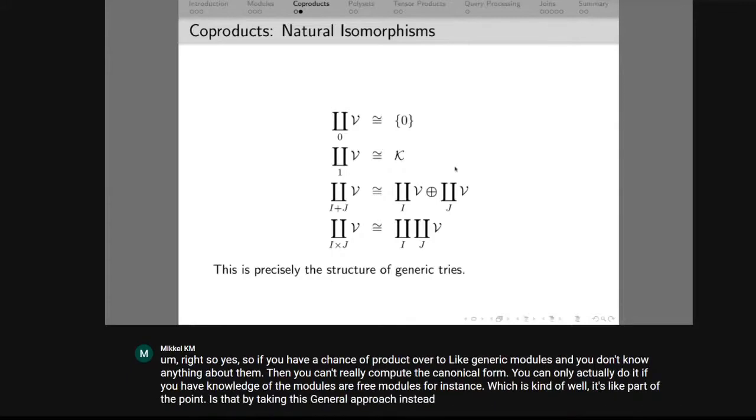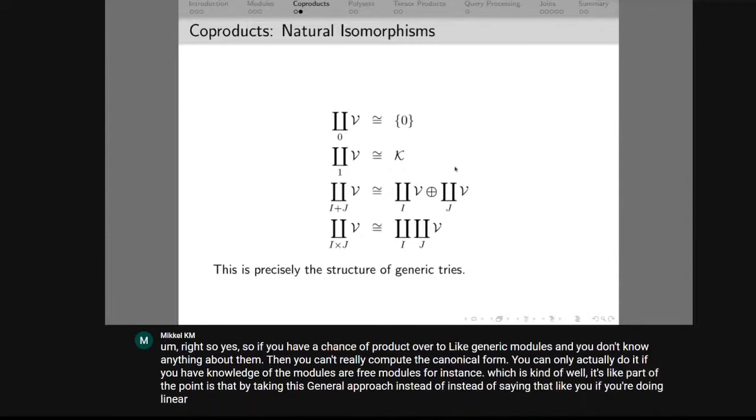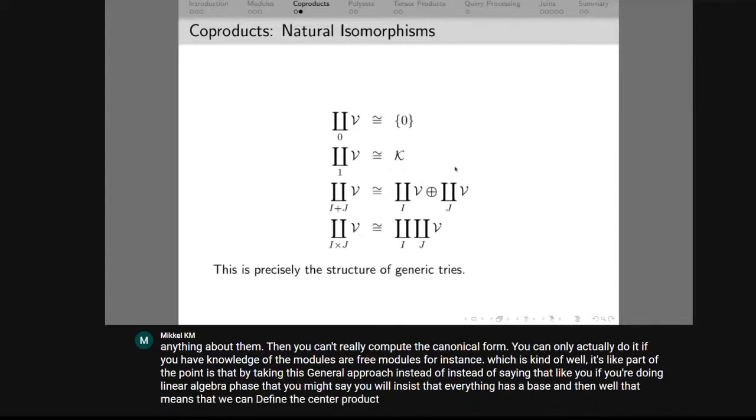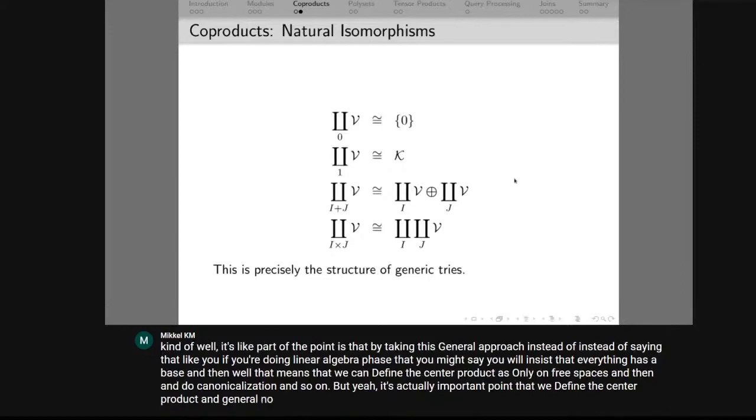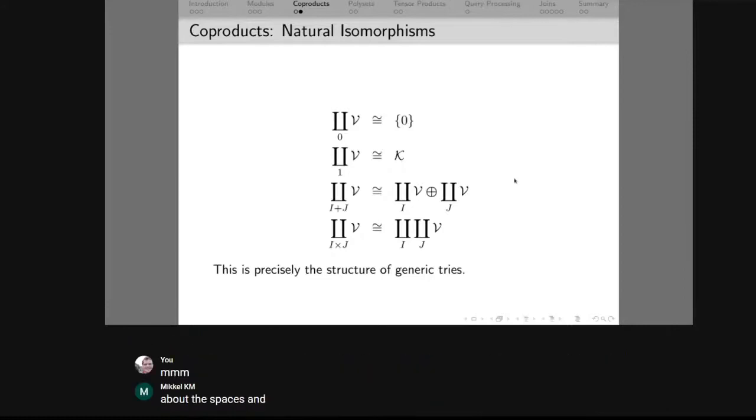If you're doing linear algebra, you might insist that everything has a basis, and then define the tensor product only on free spaces, and do canonicalization and so on. But it's an important point that we're defining the tensor product in general, with no assumption about the spaces, and therefore we don't want to do canonicalization, and we can't do it.